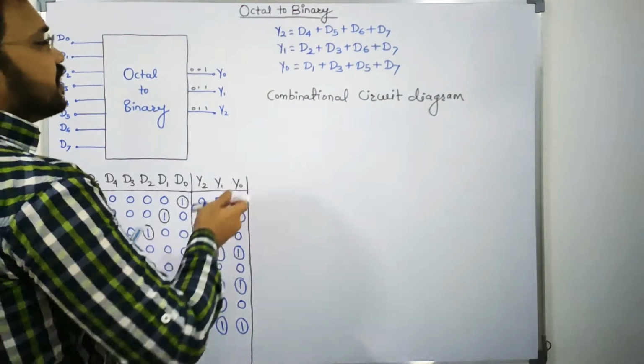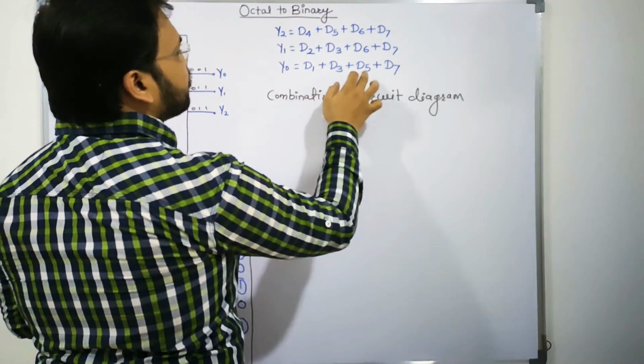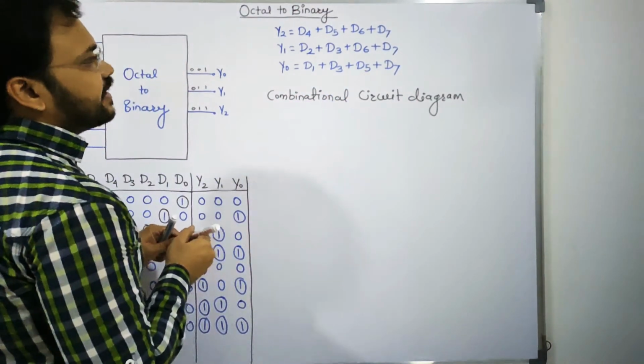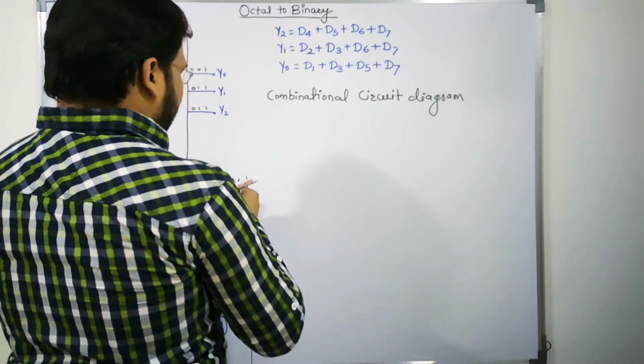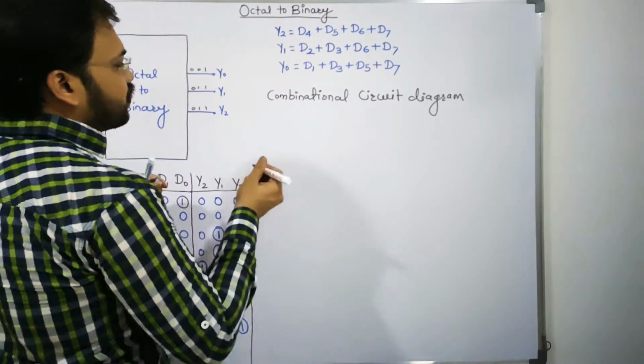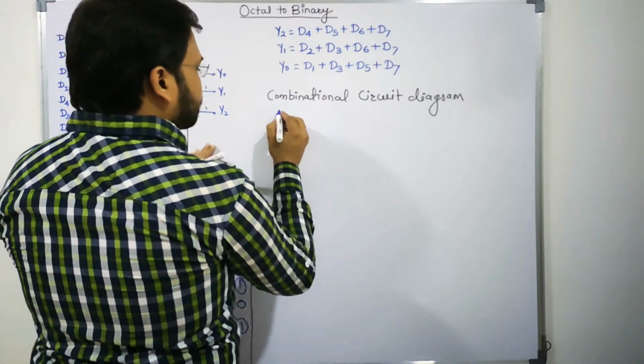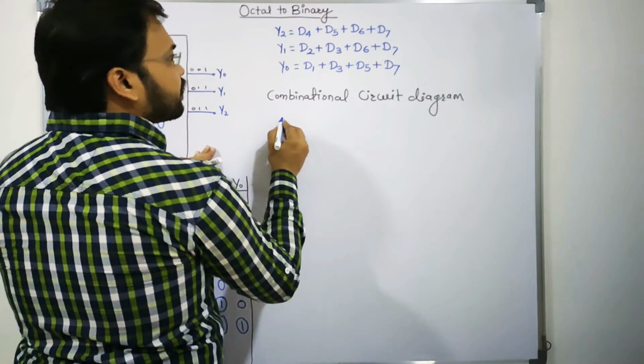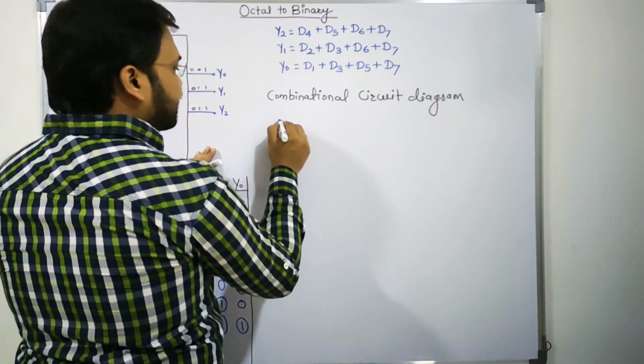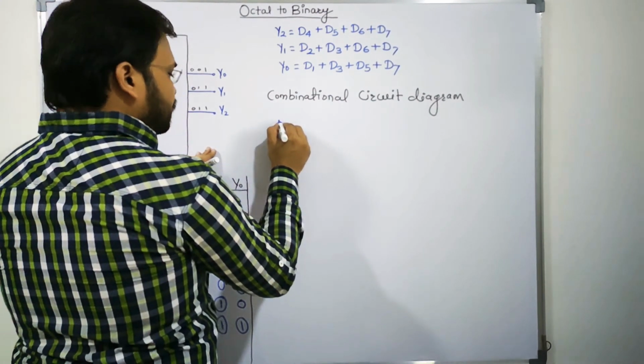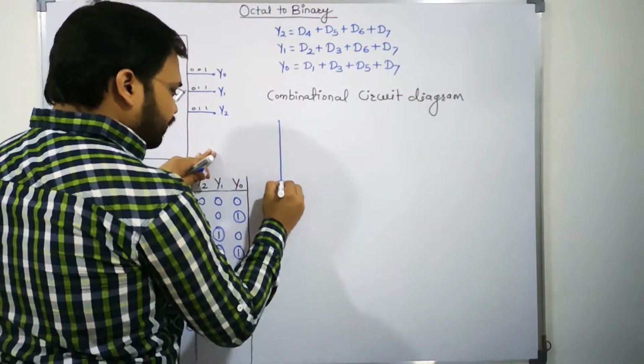Now we are having these equations for D1, D2, D3, D4, D5, D6 and D7. So for this Y0, Y1 and Y2, we have to just draw the lines for the input lines. So basically start with your D0. So this is what your D0.